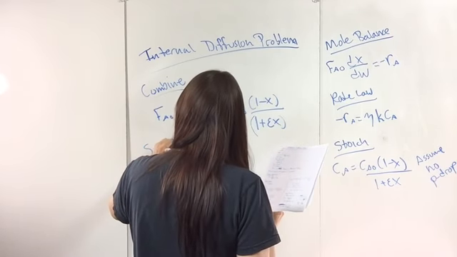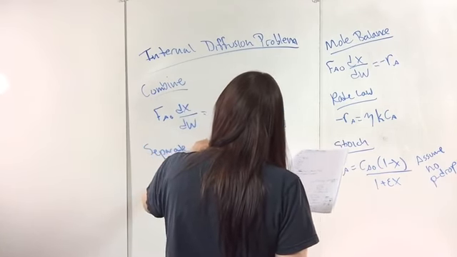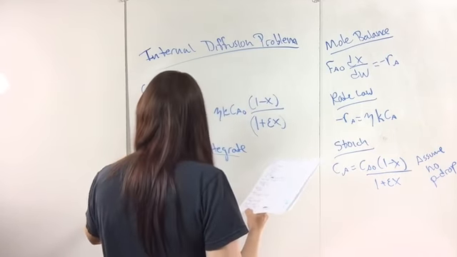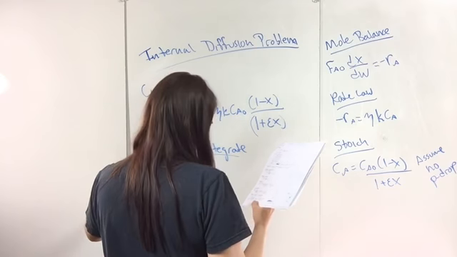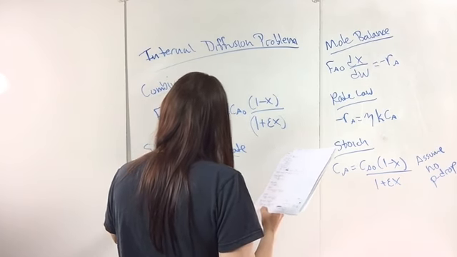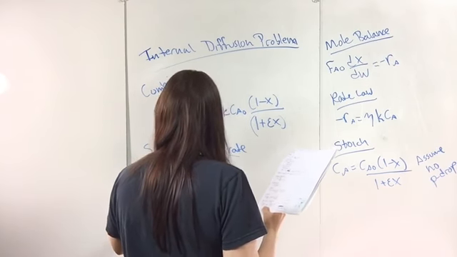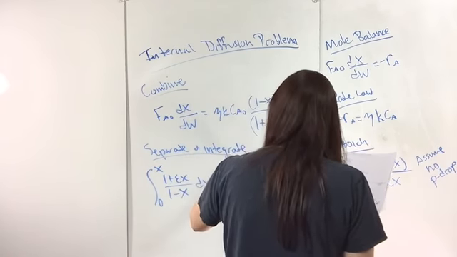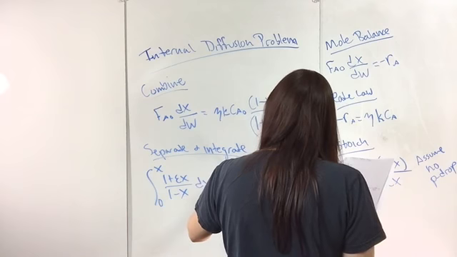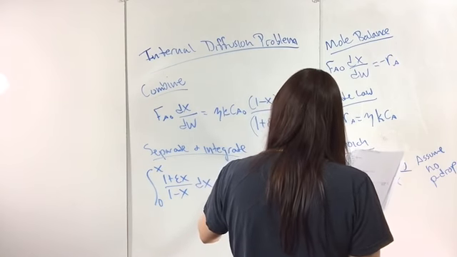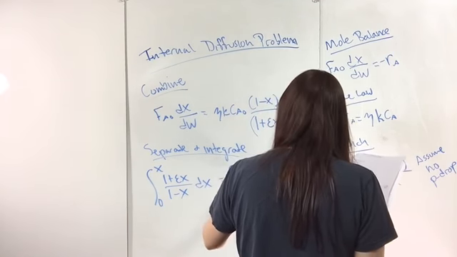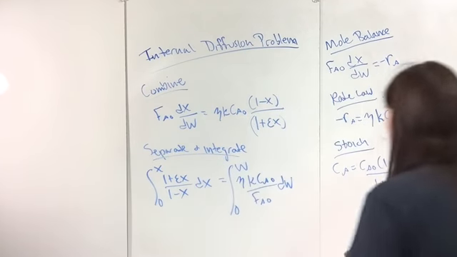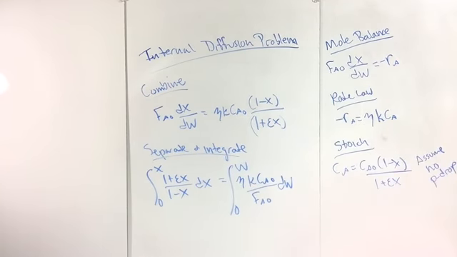Separate and integrate, so 0 to X, (1 plus epsilon X) over (1 minus X) dX is equal to 0 to W, this effectiveness factor multiplied by k CA naught over FA naught dW. So I'm going to erase some stuff real quick.